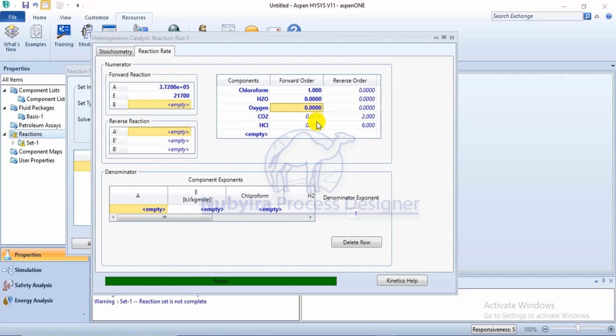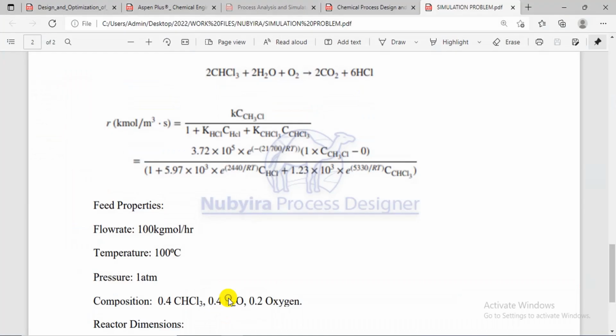They will all be 0 because what we have there is just CH3Cl. So it will be 0 for the rest and 1 for CH3Cl.